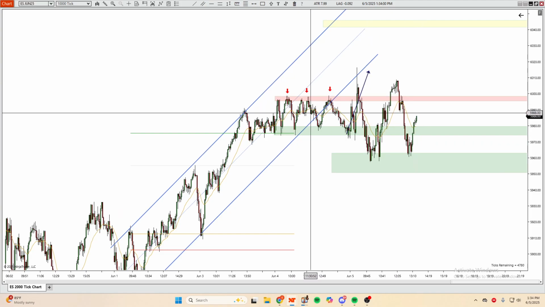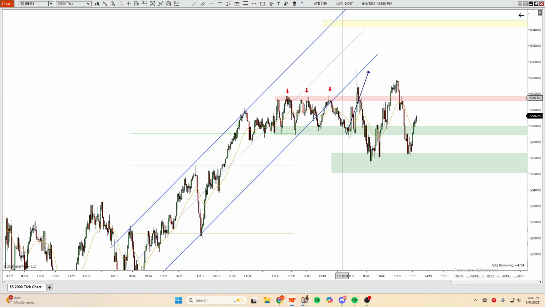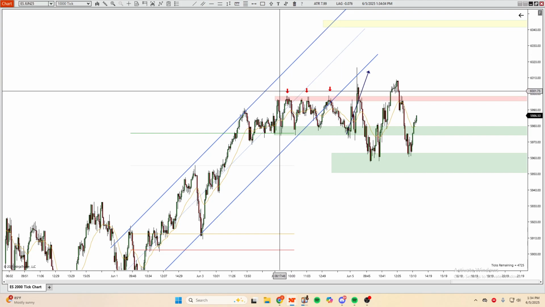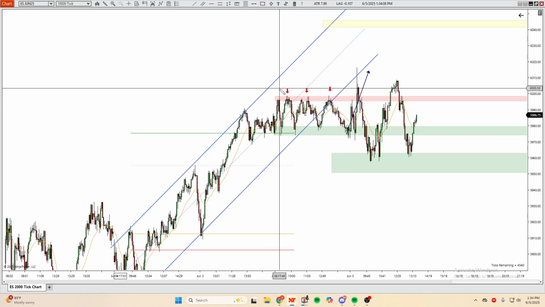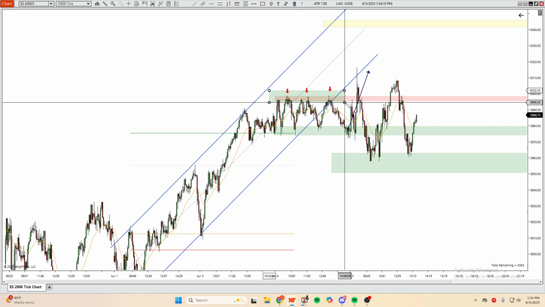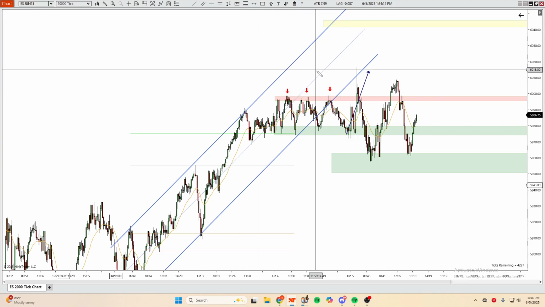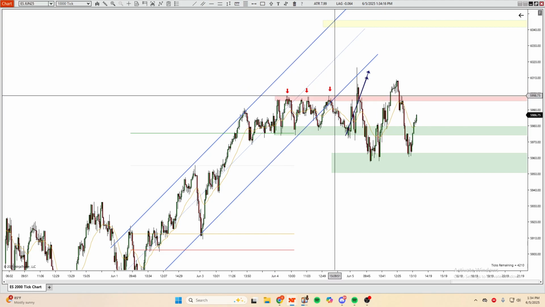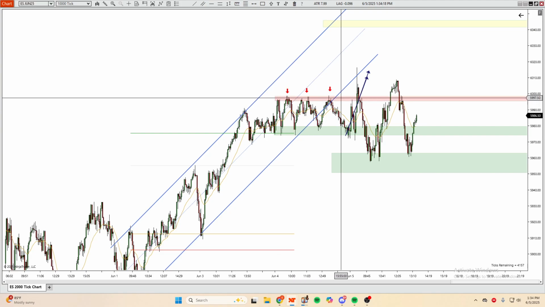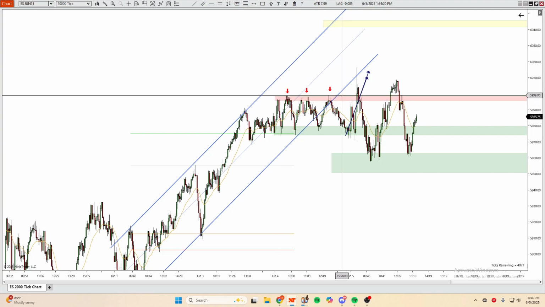A liquidity sweep is when you have a lot of sellers right here who are shorting the market, and a lot of sellers have their stops up here. And what institutions will do is they'll push it above these very obvious highs, because then all of these sellers have to buy back their shorts.